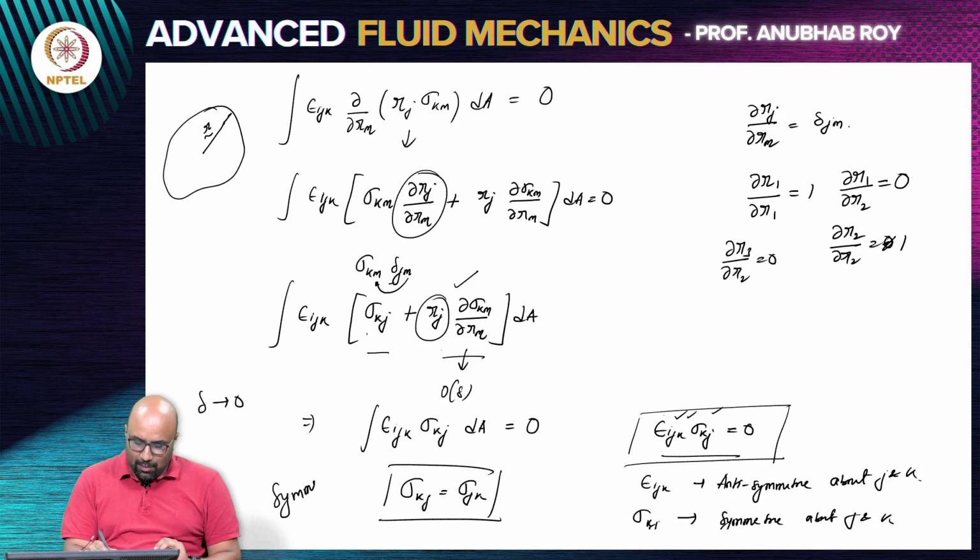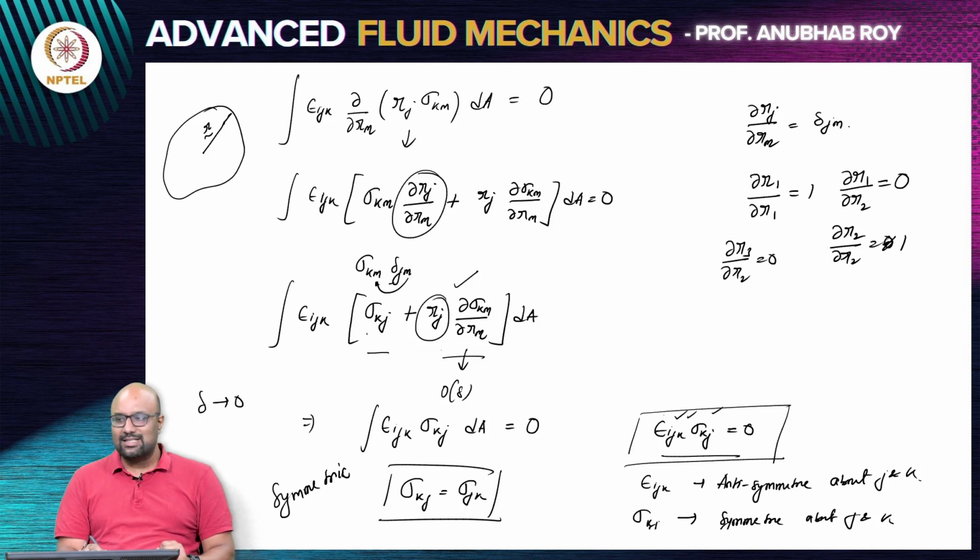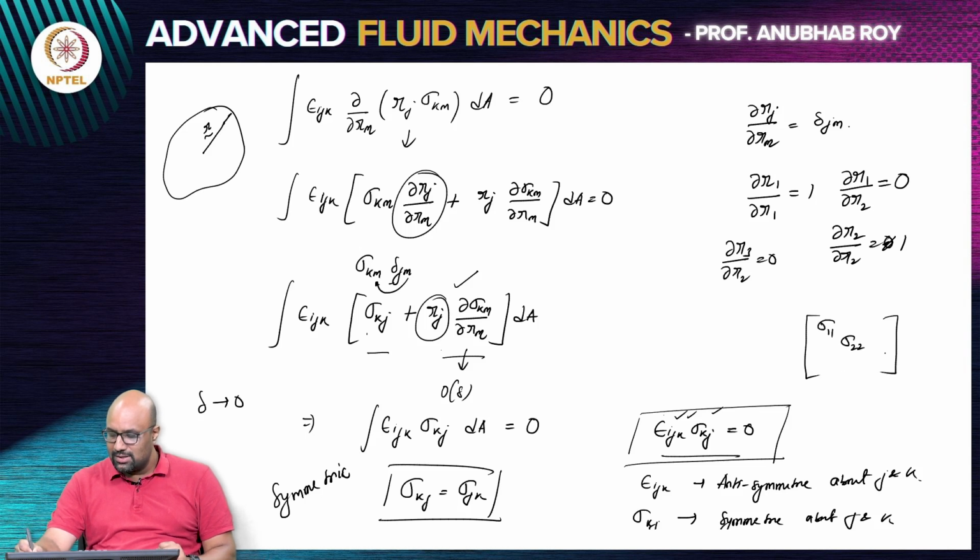This is a very important relation that we have, that the stress tensor is symmetric, which means we don't need all the 9 components, we only need 6 components. So sigma_11, sigma_22, sigma_33, sigma_12, sigma_13, sigma_23, and here once again sigma_12, sigma_13 and sigma_23. You only require 6 components. The stress tensor is symmetric.